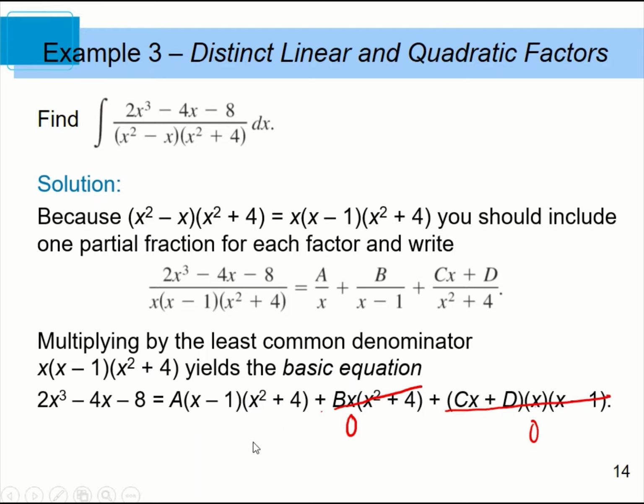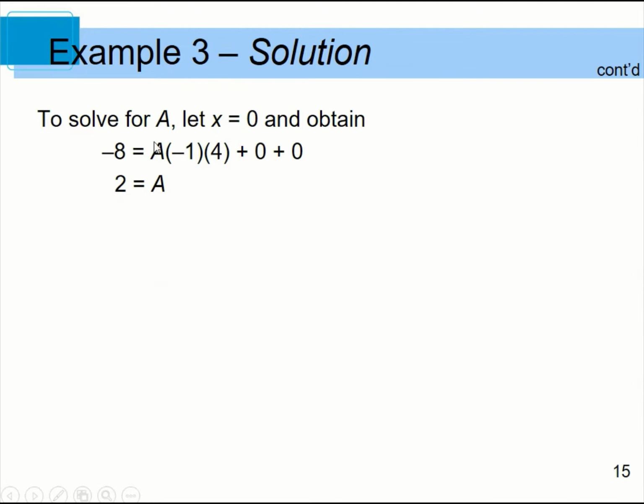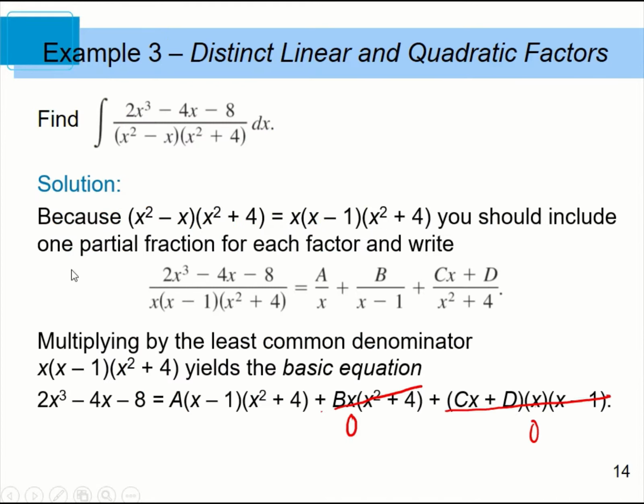So we let the x be 0 so that we can get the value of A. Substitute 0 here: we have 2 multiply 0 to the power of 3 minus 4 multiply 0 minus 8 equals A multiply 0 minus 1 and 0 squared plus 4.